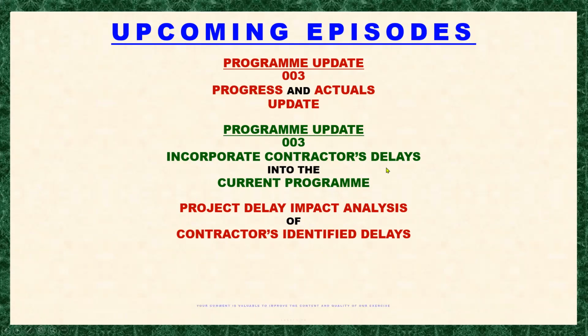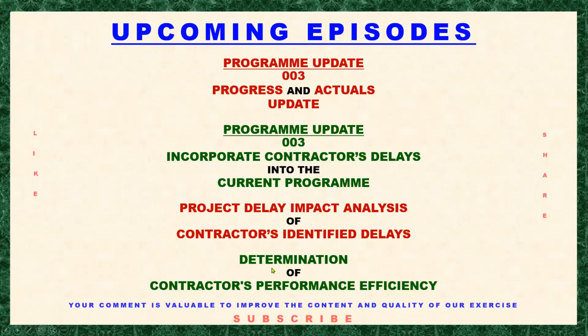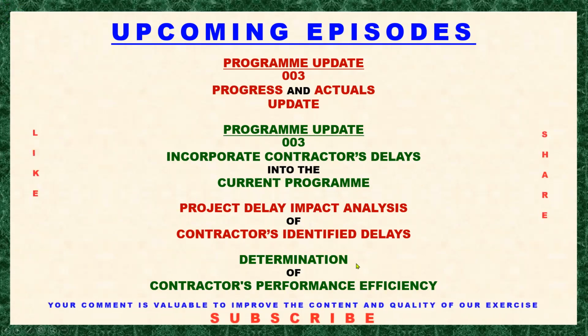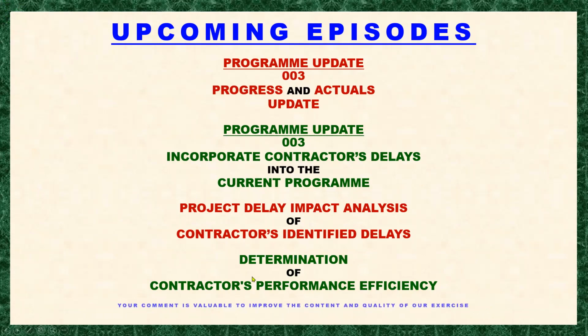I mean the identified contractors delays. The third one is the delay impact analysis of contractors identified delays. And the next one is the determination of contractors performance efficiency. I hope that you are already aware of these terminologies from our previous episode.